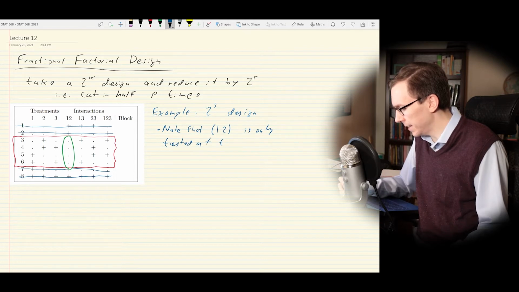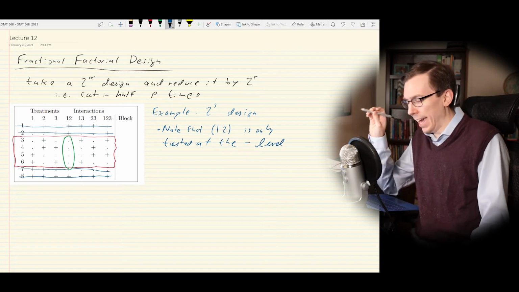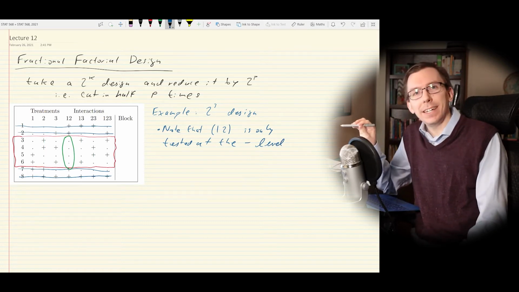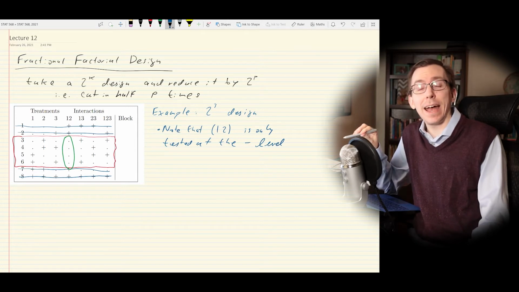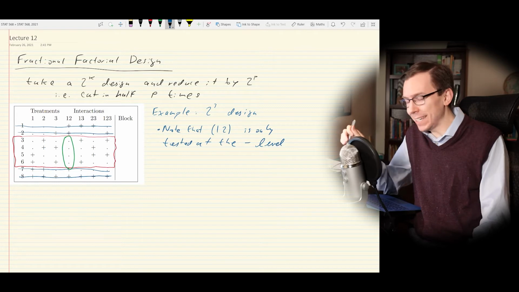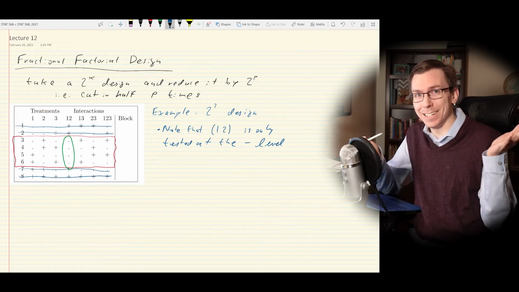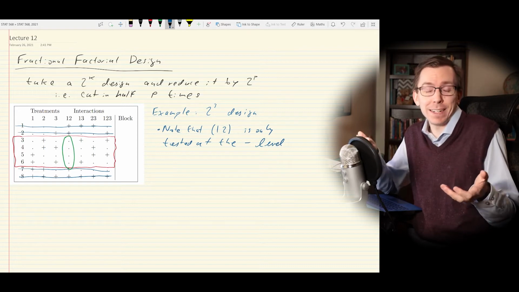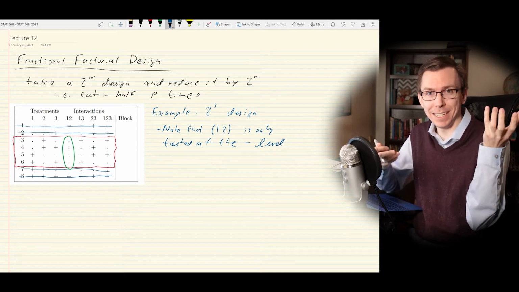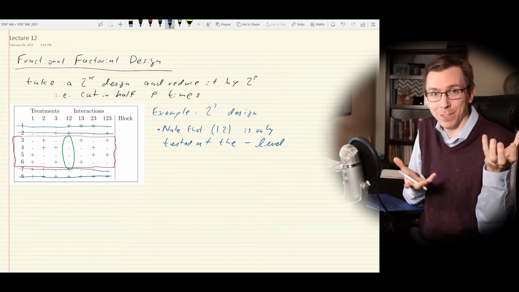at the minus level. What that means is that we can no longer test for the significance of the interaction of factor 1 and factor 2, because we would need minuses and pluses to compute an interaction effect. The interaction effect just says: what's the average of the pluses, subtract the average of the minuses.